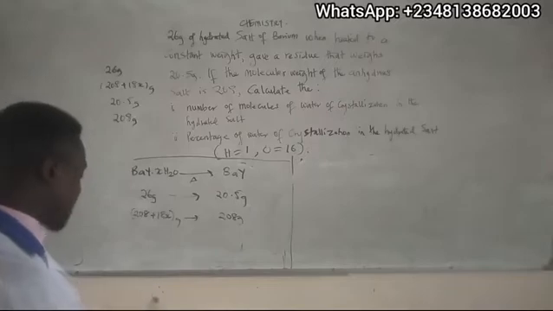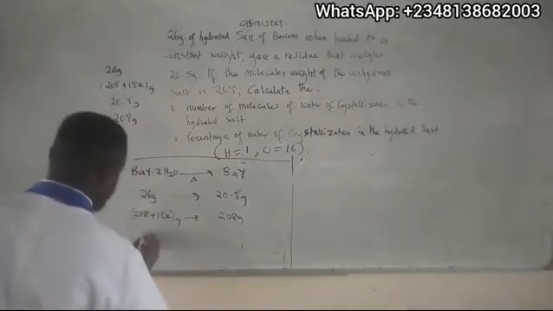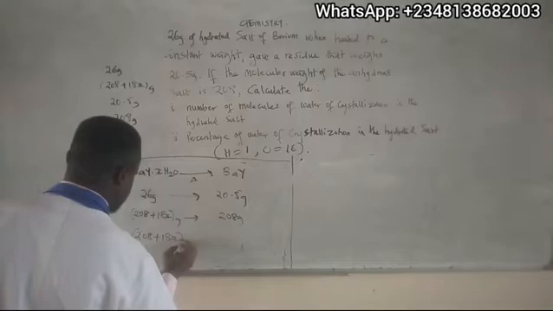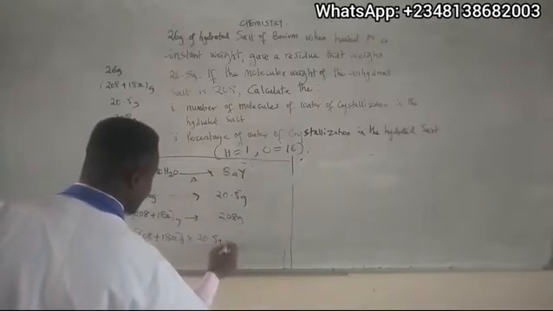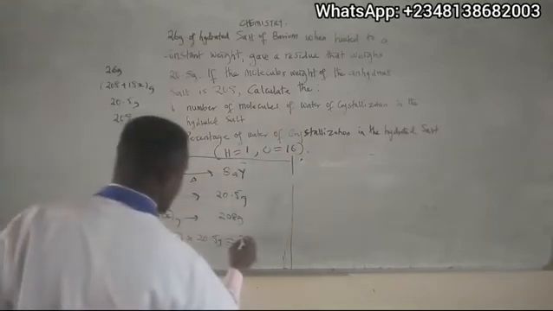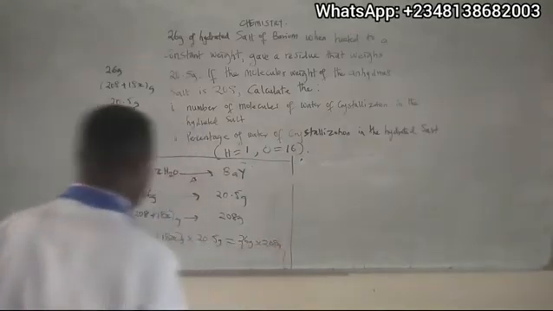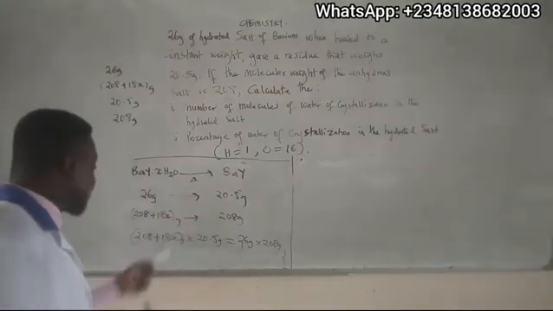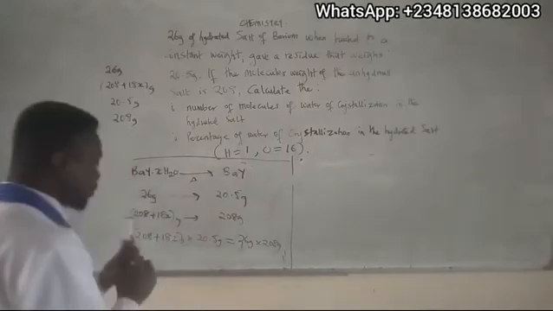If we cross multiply, we arrive at something like this: (208 plus 18x) times 20.5 gram is equal to 26 gram times 208 gram. Our target is to find this x, so we are going to make x the subject of the formula.